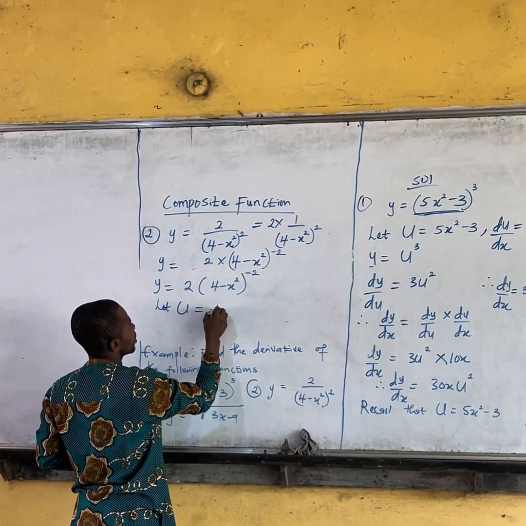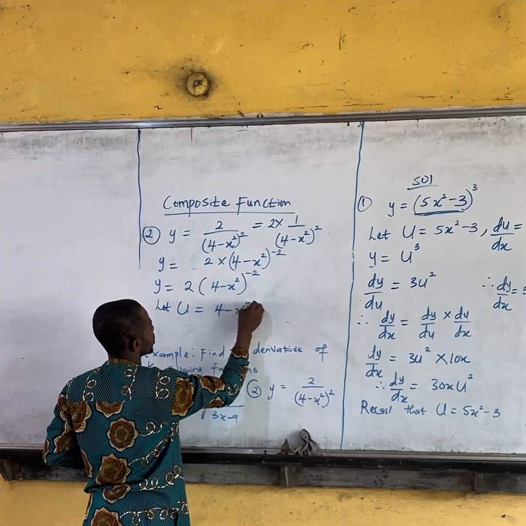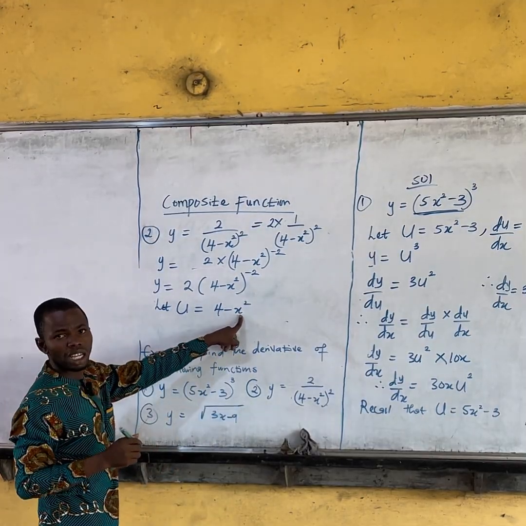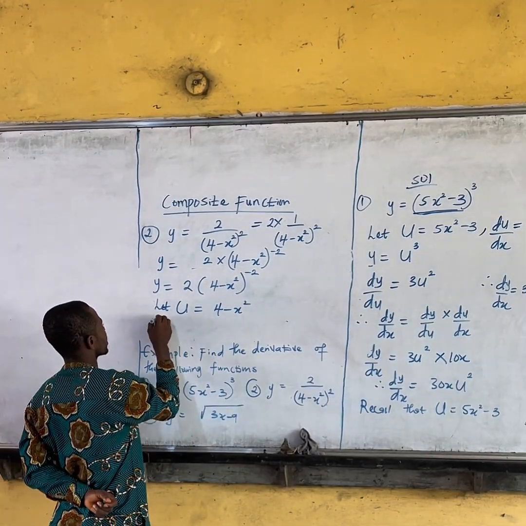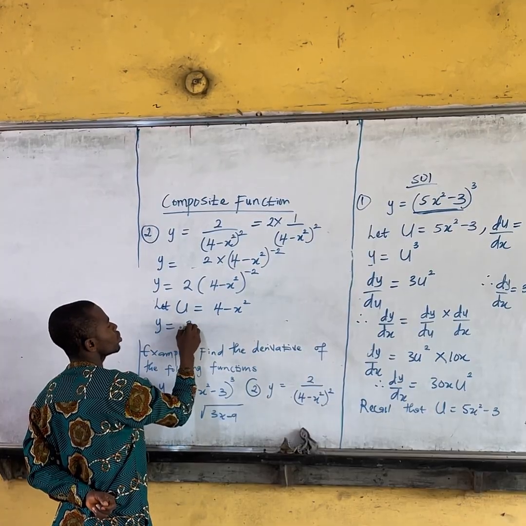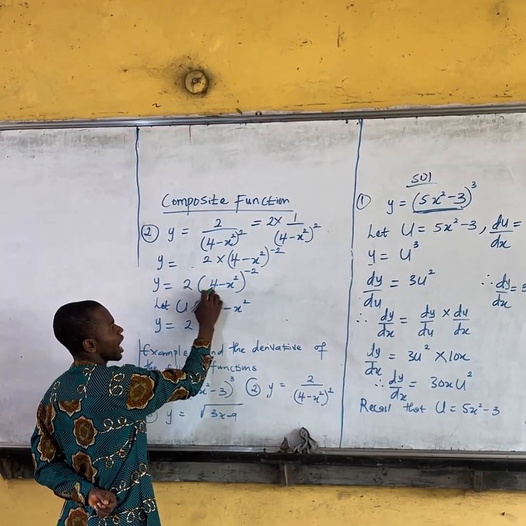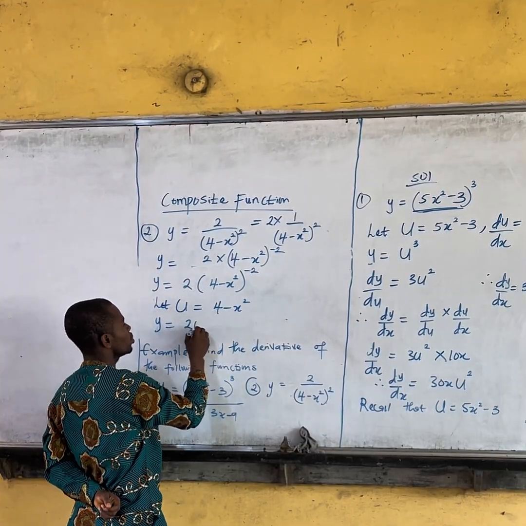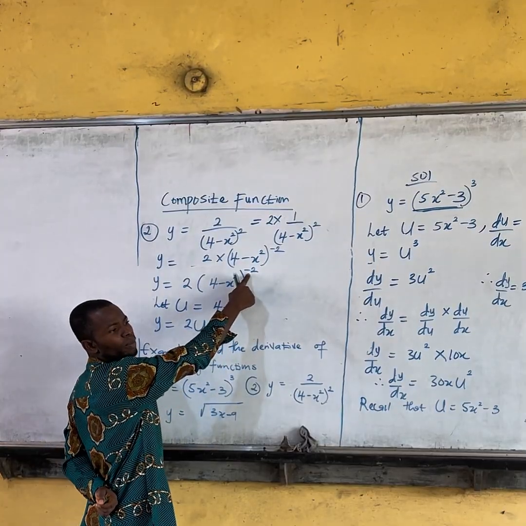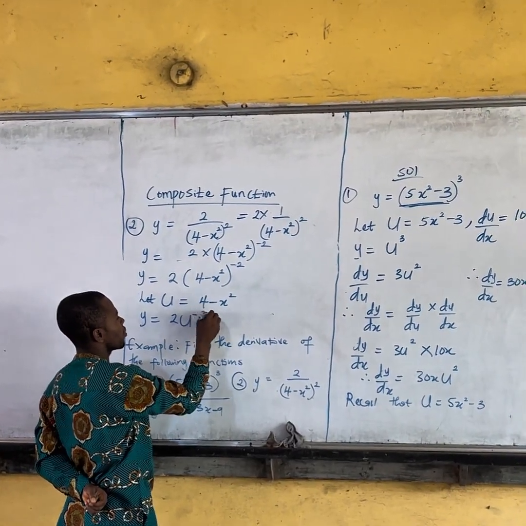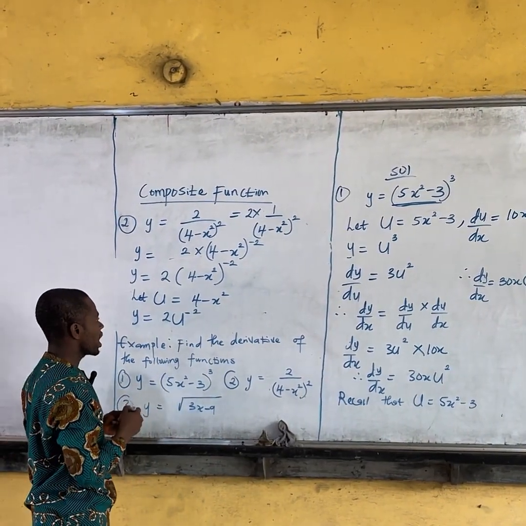Let u be 4 minus x squared. If u is 4 minus x squared, it implies that our y will be 2, you know there is 2 here before, and everything here is now u, raised to the power of minus 2.